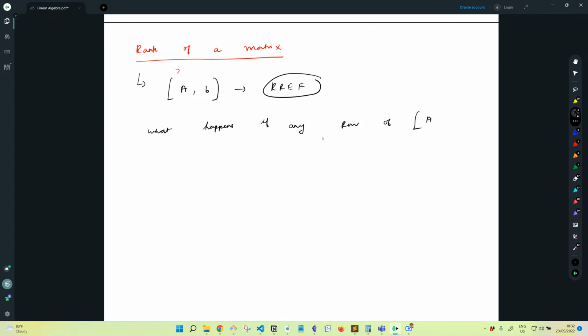Let's not worry about the B portion as yet. RREF will always convert the augmented matrix. In this conversion of A comma B to RREF, I want you to put your focus on the matrix A only. The question I ask is, what will happen if any row of A is all zeros? What does that mean?